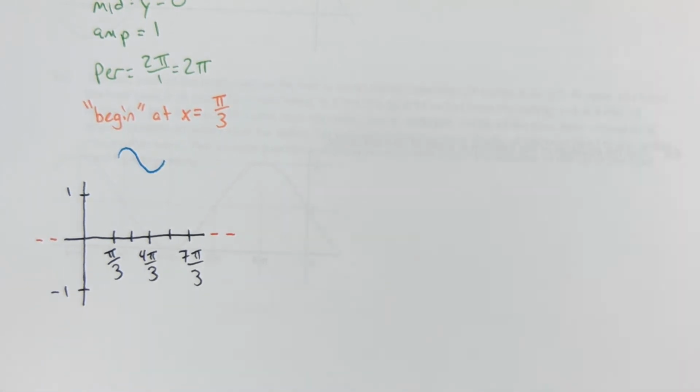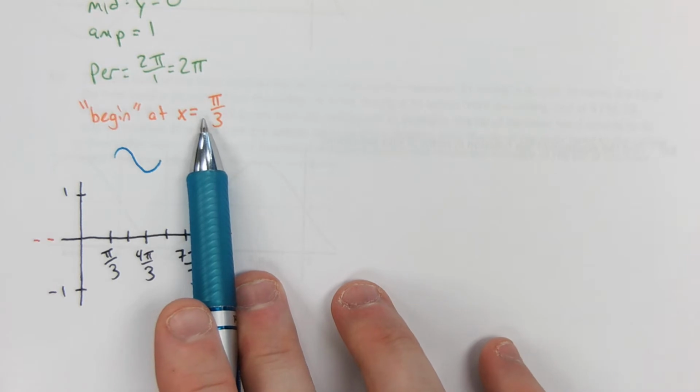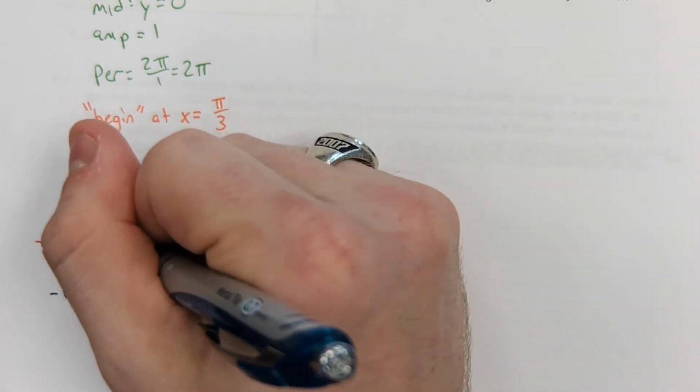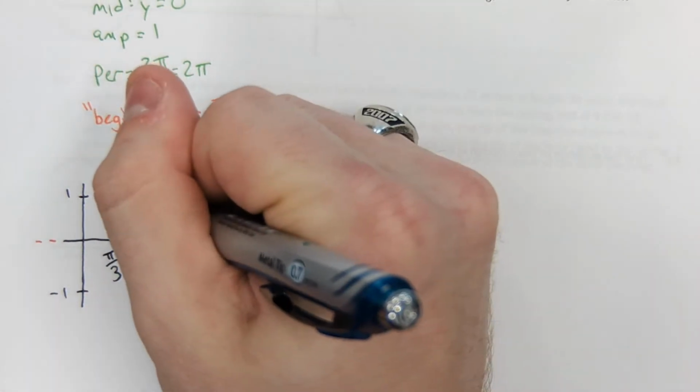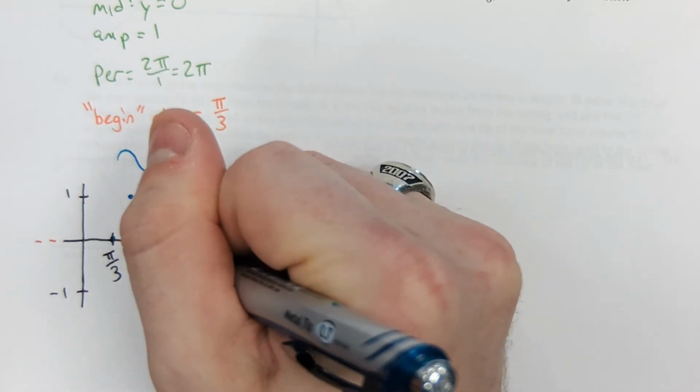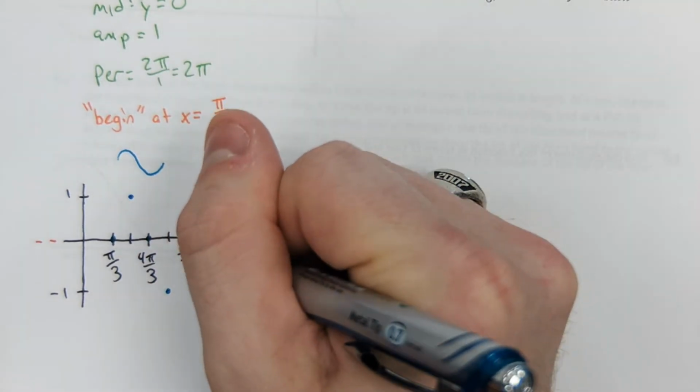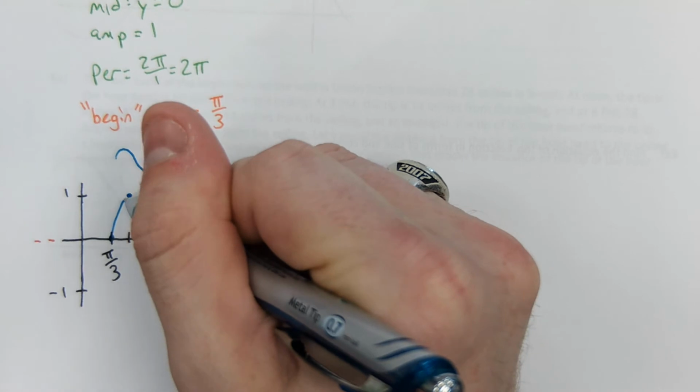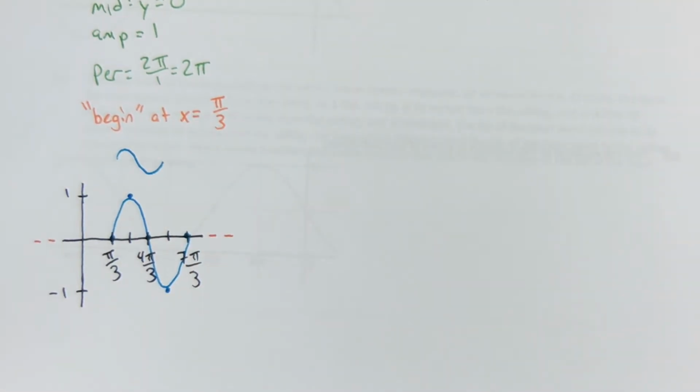Sine wave begins at its midline and goes up. And we said that's going to happen at x equals pi over 3. So begin here, and then maximum, then midline, then minimum, then midline. There you go. One period of sine wave.